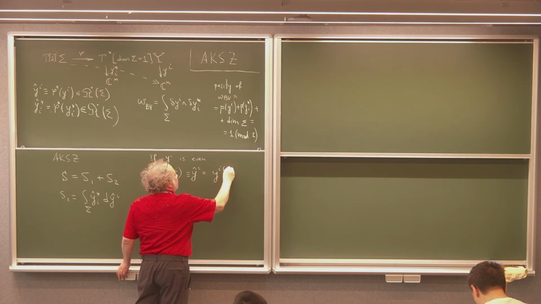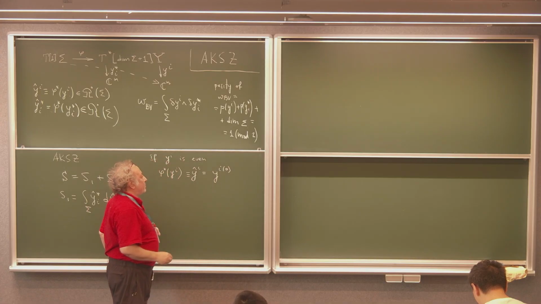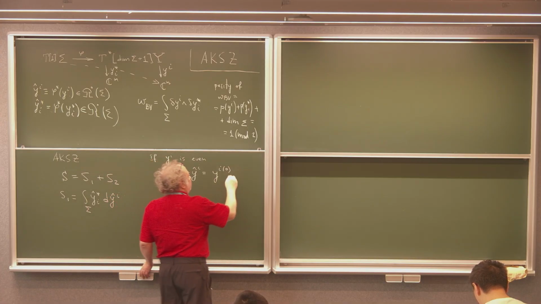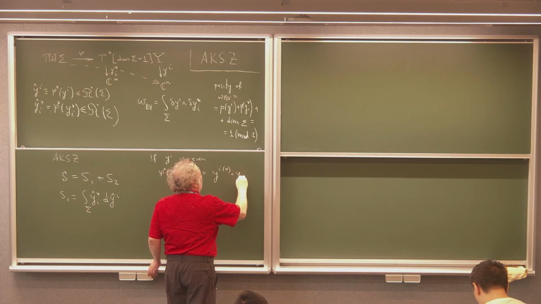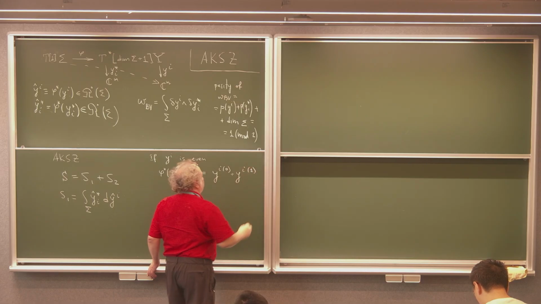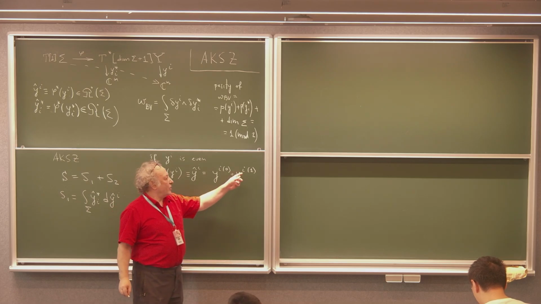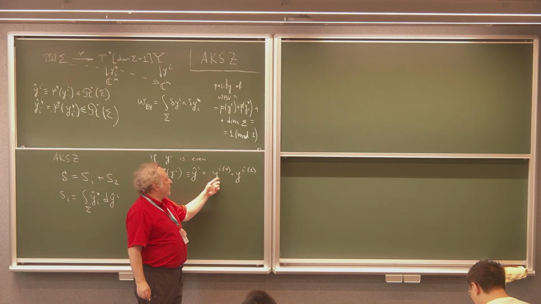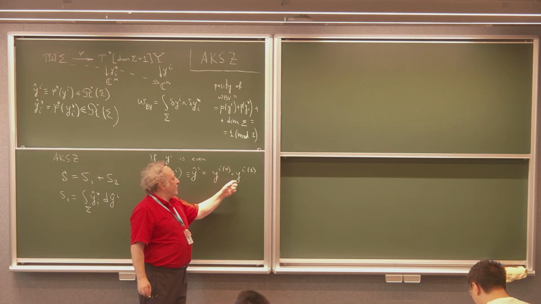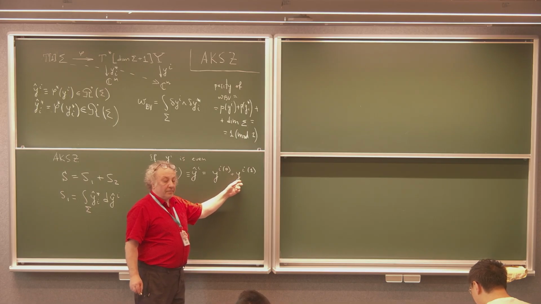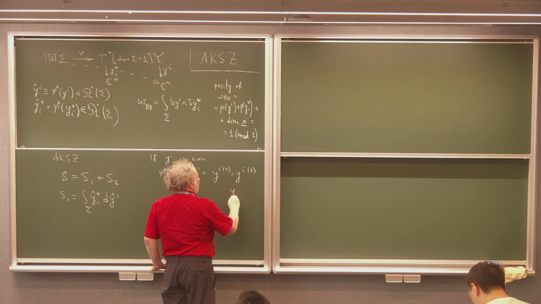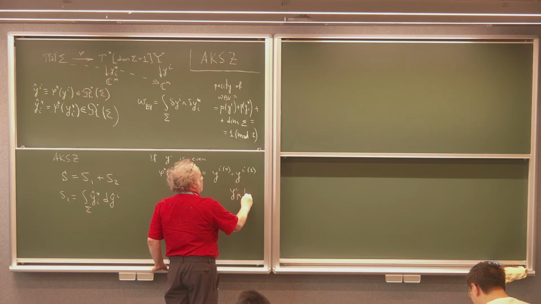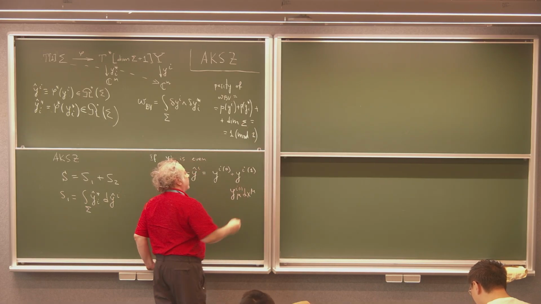yi, the zero component that is even, plus yi 1-form. So what is the yi 1-form? If this is even, it means that this term is yi mu dx mu.